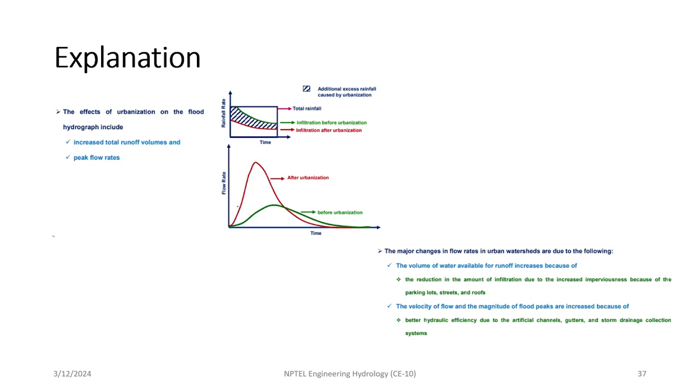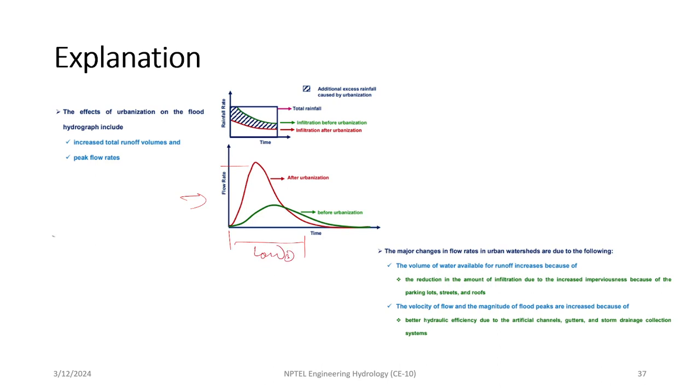Look at this graph. Before urbanization and after urbanization, you can see the difference in the hydrograph. After urbanization there is a high peak as well as a shorter duration.